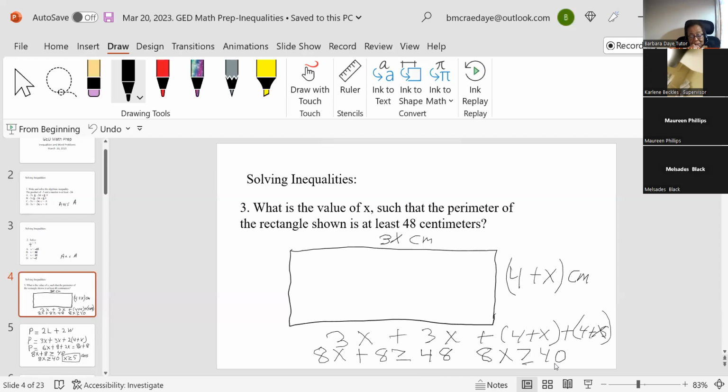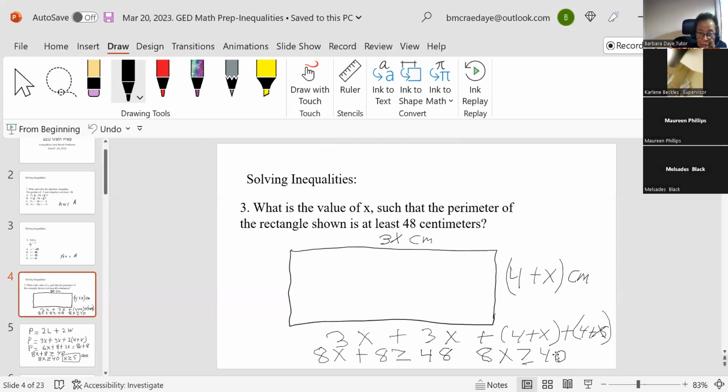Not x is what, Mercedes? 5. Greater than or equal, right? Yeah, x greater than or equal to 5, because you divide by 8. 8 times 5 is 40.